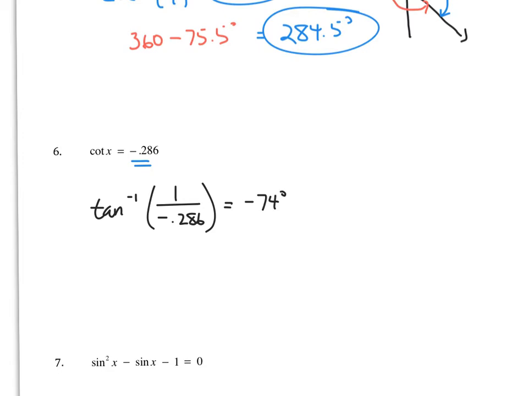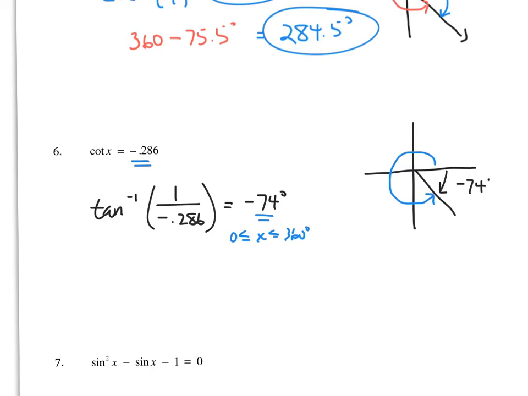All right, reminder that we want the interval from 0 to 360 degrees, which means that we don't want the negative value. All right, so I like to have pictures. Pictures help us a lot. So if our angle is going negative 74 degrees this way, well, then that means I need to do 360 minus the 74, which gives me 286 degrees. Okay, we talked about how cotangent is also going to be negative in the second quadrant, which means that I have to take my 286 degrees and I have to subtract 180 degrees.